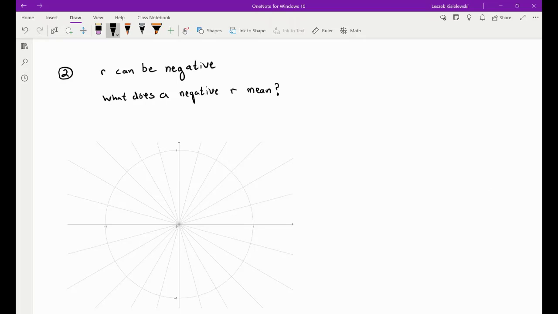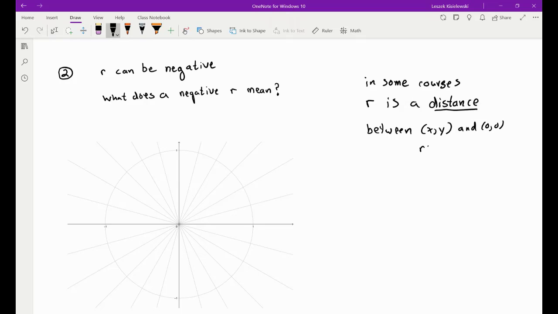So in some courses r will not be negative, because r will represent a distance between a point and the origin. Right, and in those cases, we're just going to make sure that we always use a positive r value. But for your calculus course, we're going to allow r, the radial measure, to be negative, and we just have to figure out what that means.